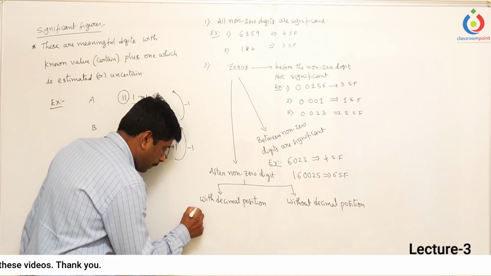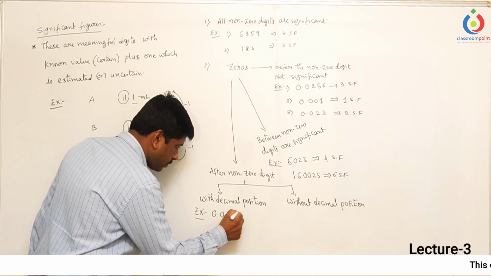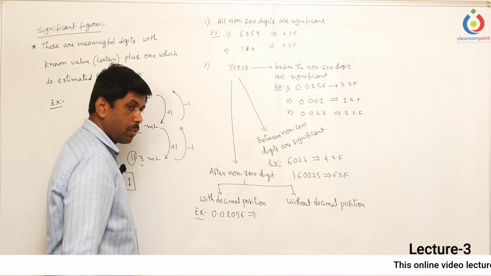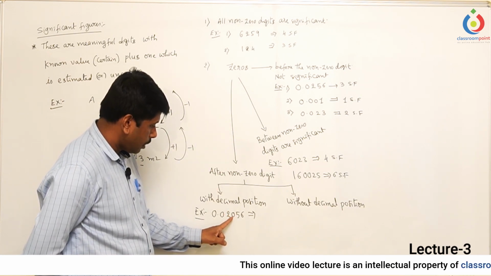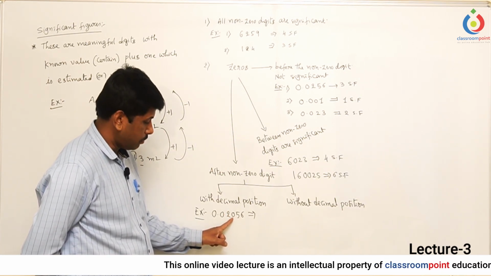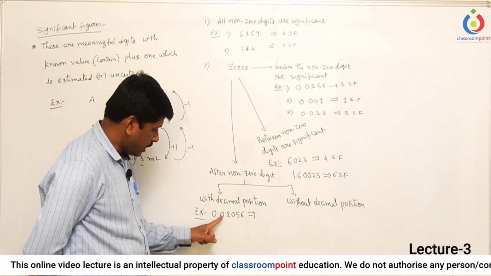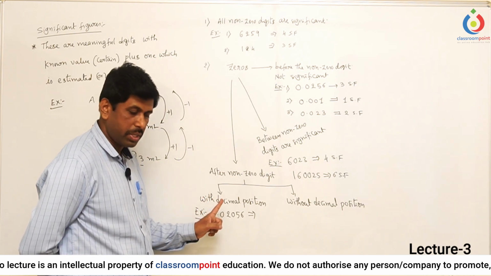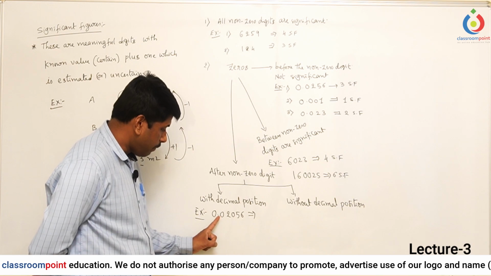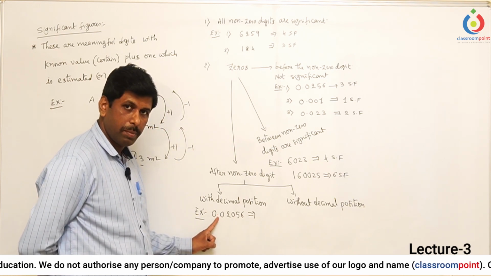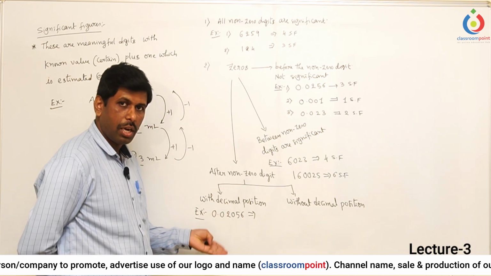Example. See 0.02056 is there. Now the question arises. Zeros are coming after the non-zero digit. These two zeros come before the non-zero digit, hence these two zeros are not significant. This 0 is coming after the non-zero digit and the decimal position is there. This decimal position can be present either before the 0 values or after the 0 values.